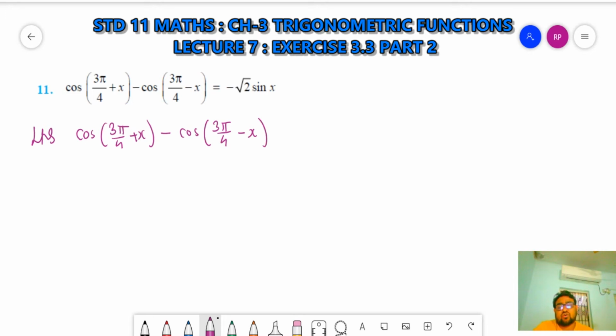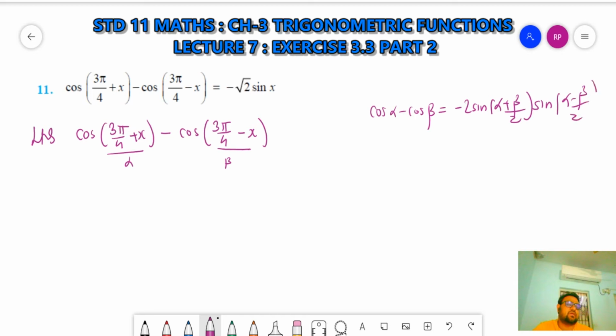The formula is cos alpha minus cos beta. So C minus C, the formula is minus 2SS. The formula is: cos alpha minus cos beta equals minus 2 sine of (alpha plus beta) by 2 times sine of (alpha minus beta) by 2, right?